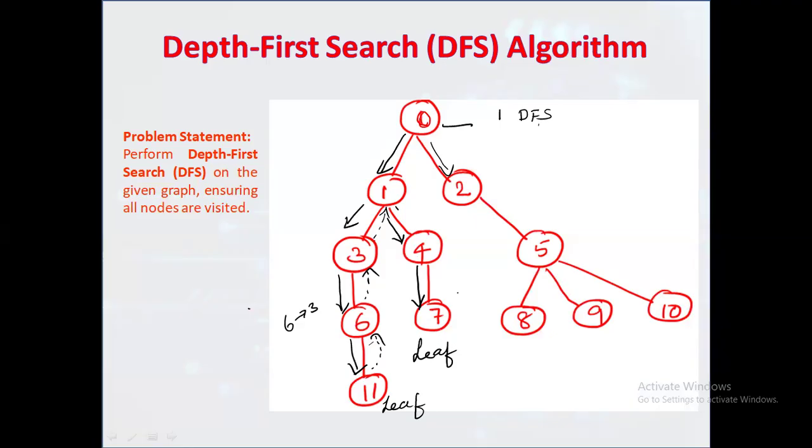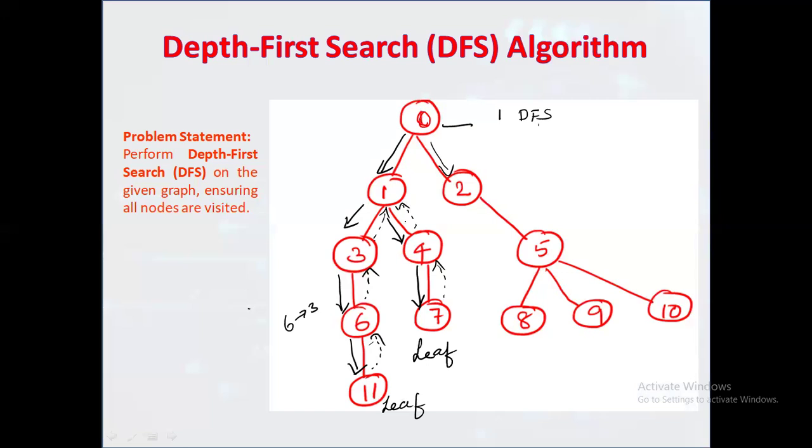Node 7 is a leaf node, so the algorithm explores it, records it, and moves back to node 4 after visiting, backtracking. And from node 4 to node 1.